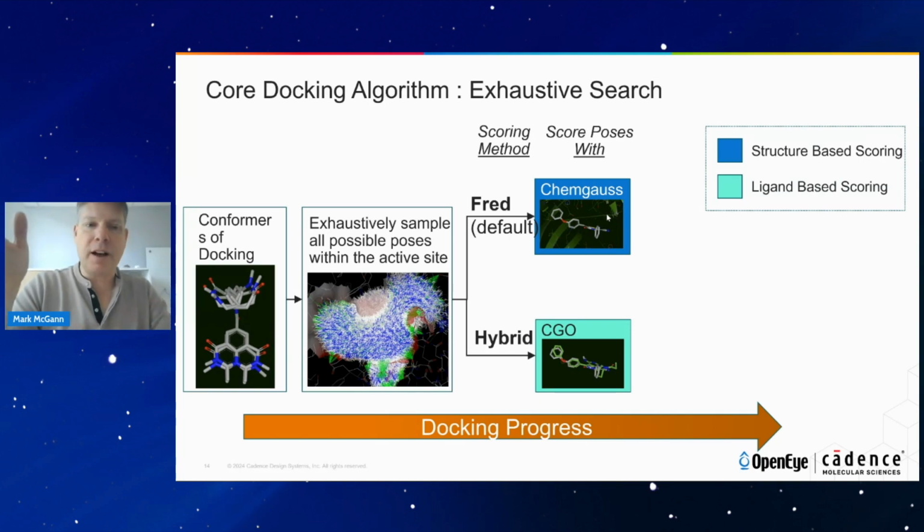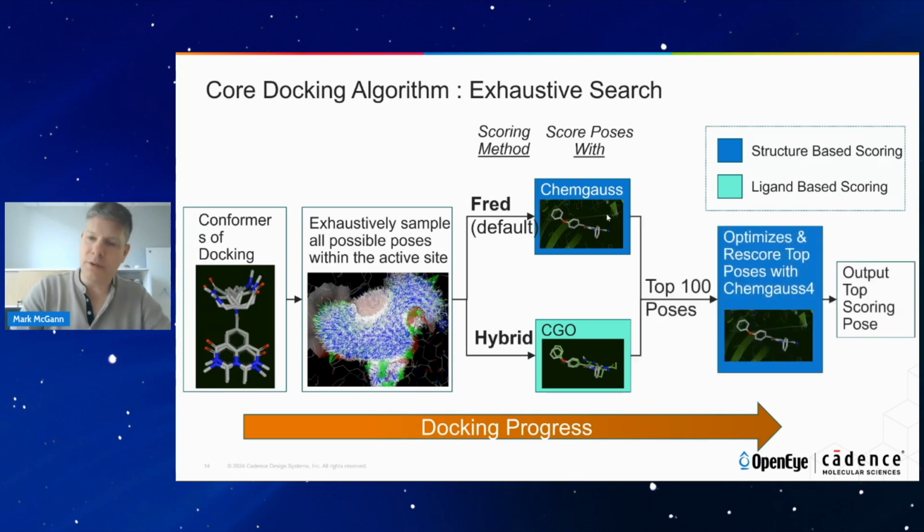So it's guiding the poses that it's scoring based on those that best match the existing ligand. In either case, the top 100 scoring molecules are selected, and they are then rescored with ChemGauss4, which is a more sophisticated scoring function. And that's a structure-based scoring function that, again, looks for complementarity to the active site in terms of shape and matching chemistry. And then we output the top scoring pose.